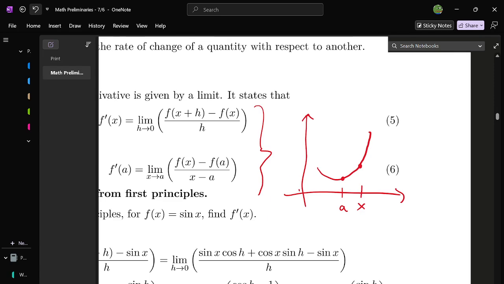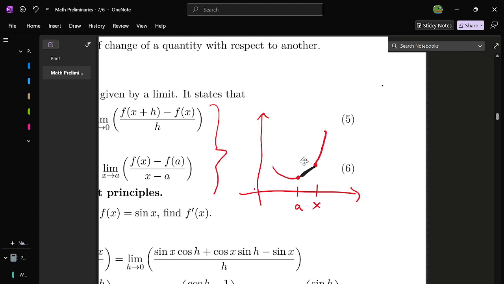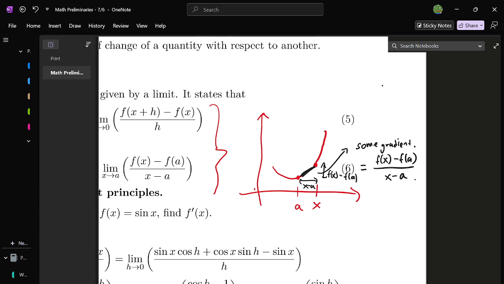If you draw the line connecting the 2 points, this line has some gradient, and the gradient is precisely equal to f(x) minus f(a) over x minus a.